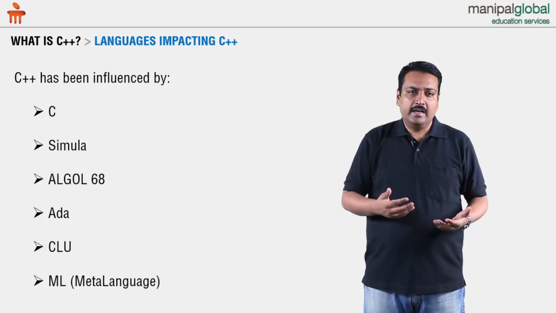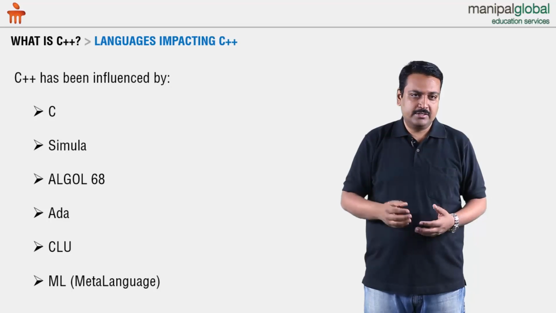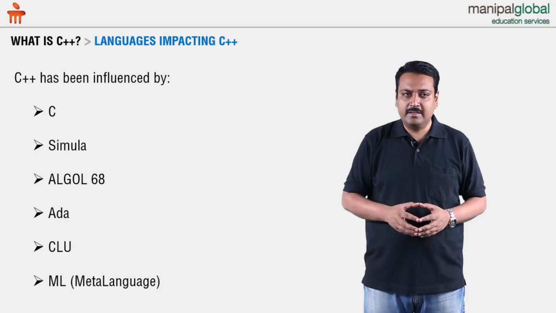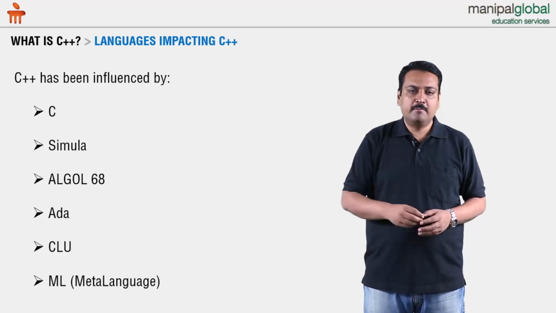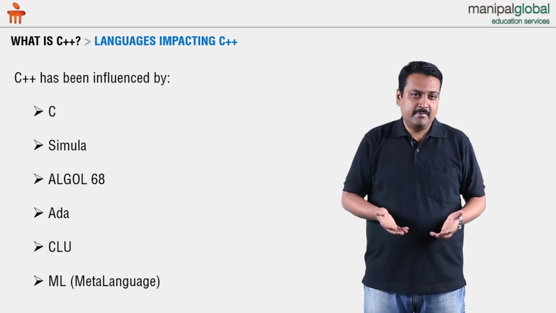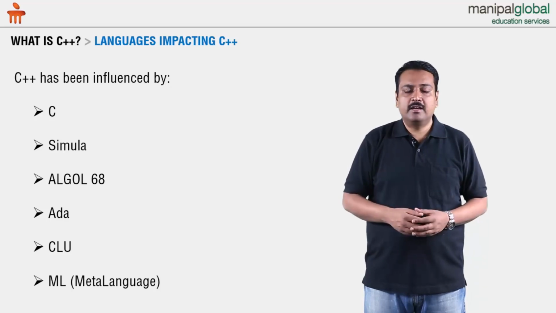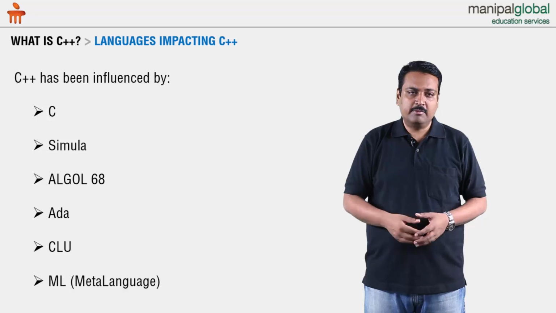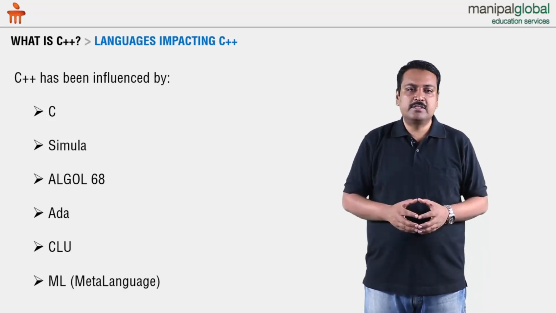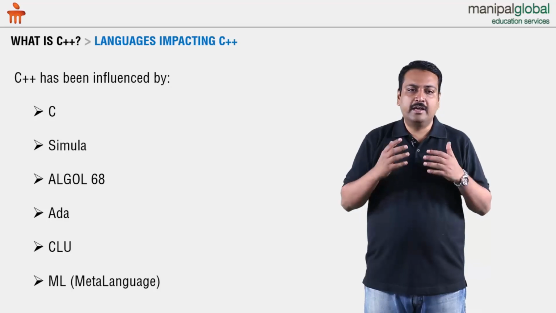Over the years, as C++ has been enhanced in versions, for example, the latest version of C++ today is C++11. C++11 has been influenced by C++98, and it has also been influenced by other modern languages. But when C++ was invented at that time, it was principally influenced by C, Simula, and ML.